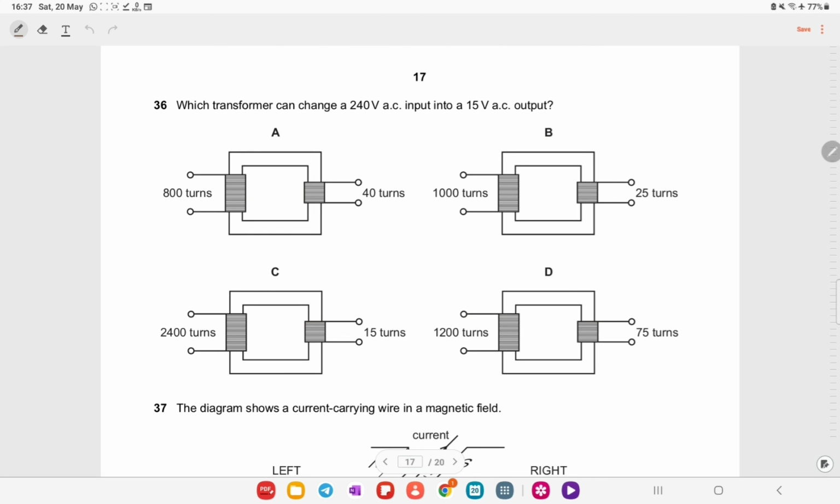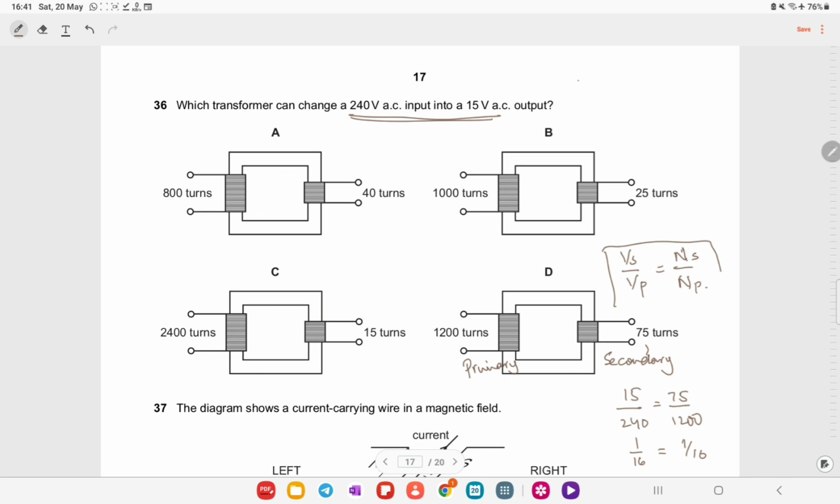Which transformer can change 240 volts AC input into 15 volts AC? It's going to be a step down. Let's do the calculation. I have done this question here: the voltage in secondary divided by the voltage in primary equals the number of turns in secondary divided by the number of turns in primary.